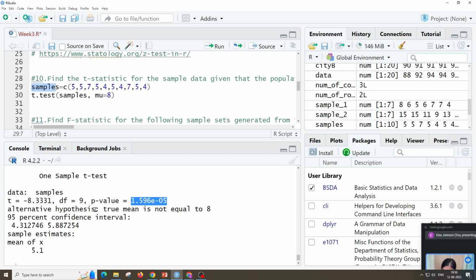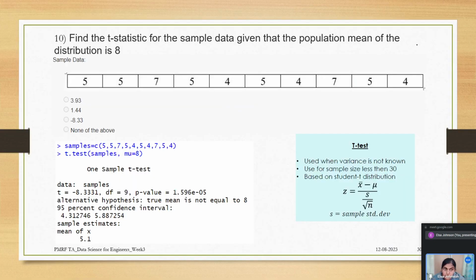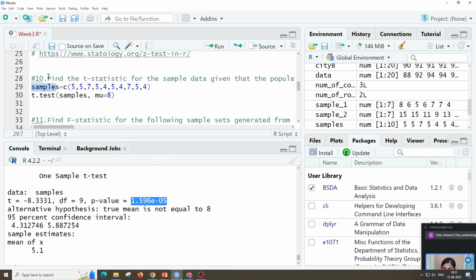The alternative hypothesis is that the true mean is not equal to 8, since the population mean is given as 8. Since the p-value is very small, we take the alternative hypothesis. Then the mean of x is also given, and the 95% confidence interval is also given. I'll be sharing this R file also; you can try this out.